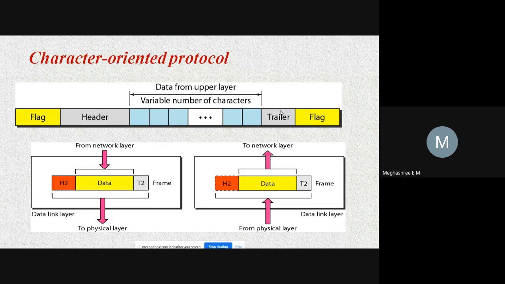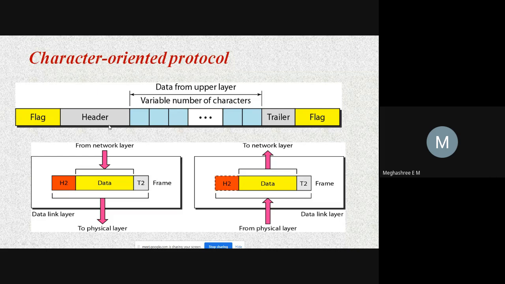This may be CRC, that is cyclic redundancy check, where CRC is formed after the division of the dividend with the help of the divisor, and whatever remainder remains at the end is included in the trailer. Or if you take internet checksum, the checksum formed at the end of the process at the sender side, those bytes or bits are included in the trailer part. So that is all about trailer.